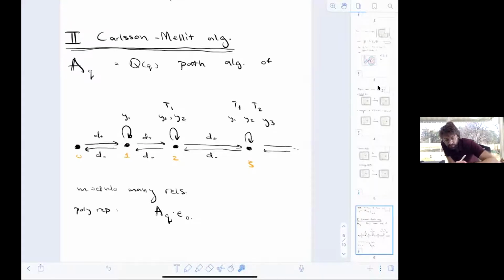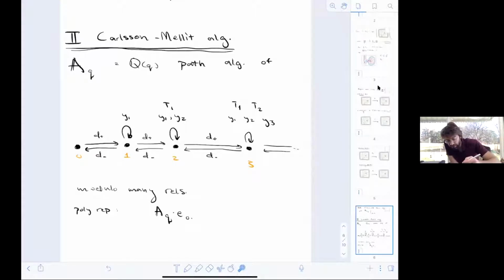So in general, you have loops labeled by these symbols y1 up to yn and t1 up to tn minus 1. So for example, at the vertex labeled 3, we have loops y1, y2, y3, and t1, t2. So you consider the path algebra of this quiver, mod a bunch of relations.